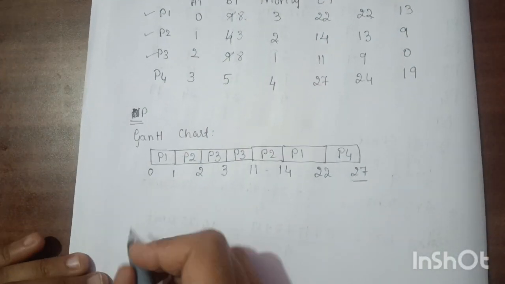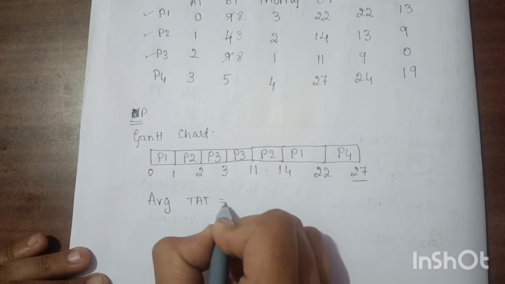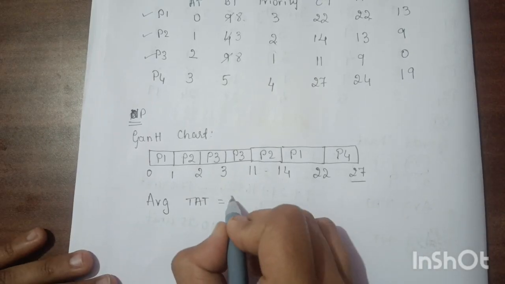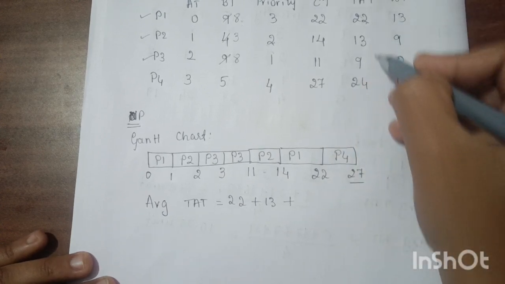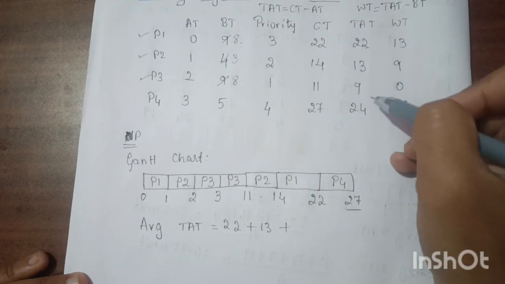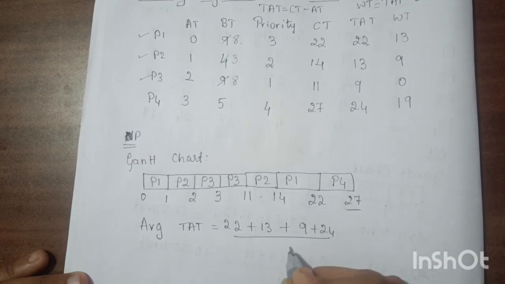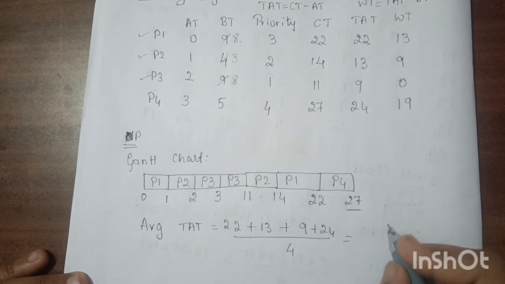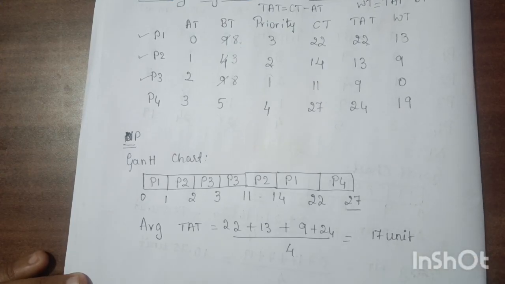Then we have to calculate the average turnaround time. The average turnaround time can be calculated by adding all the turnaround times, 22 plus 13 plus 9 plus 24, divided by the number of processes. So you get something around 17 units. Again you can cross-verify.